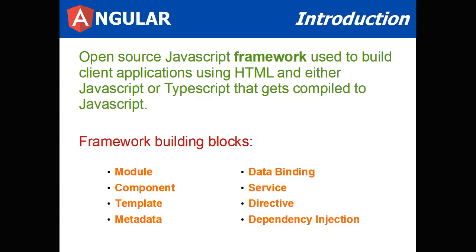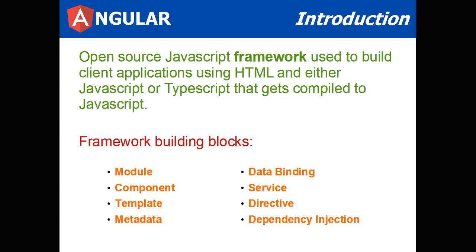So there's the concept of data binding, and the metadata, which is really represented as annotations, really says, oh, this component manages this template, and this component has a style sheet in this directory, and the metadata basically tells Angular what to do and how to do it based on this annotation-driven language.